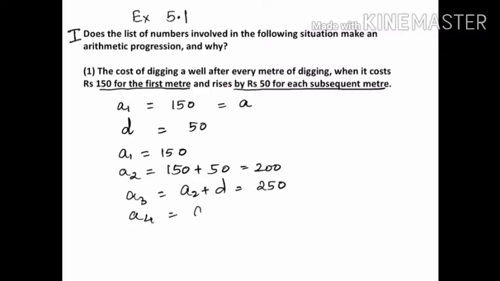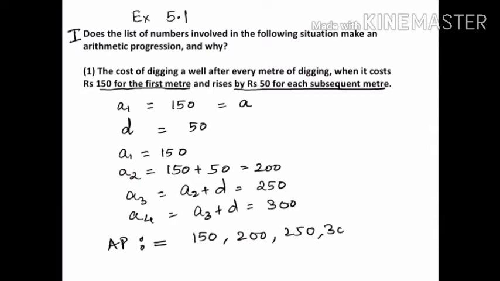A4 will be A3 plus D, 300, and so on. So this given situation is an AP, and it can be written as 150, 200, 250, 300, and so on.